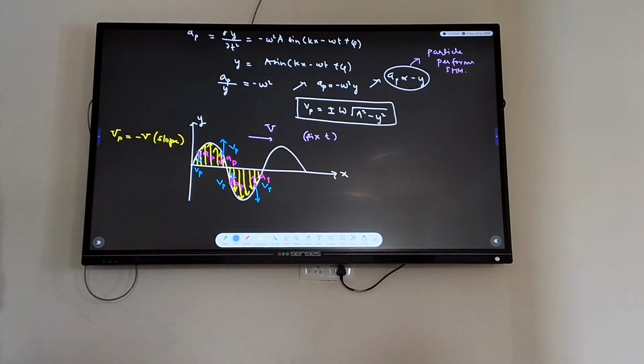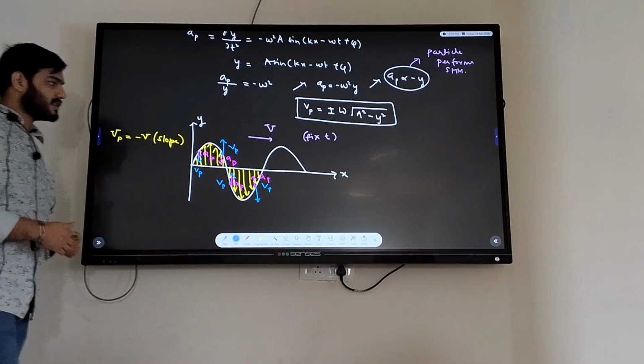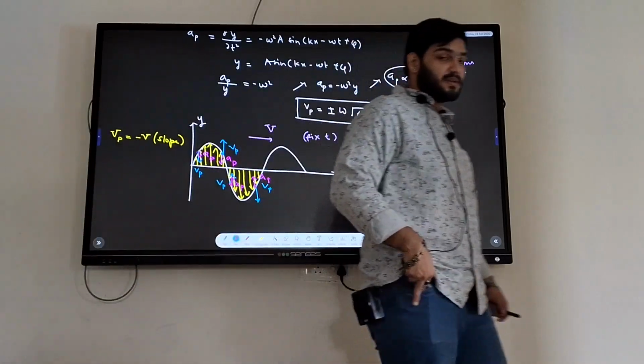So please be very careful about the directions of AP and V. Does it make sense to you? Whatever I taught, write the whole thing and then we will go forward.